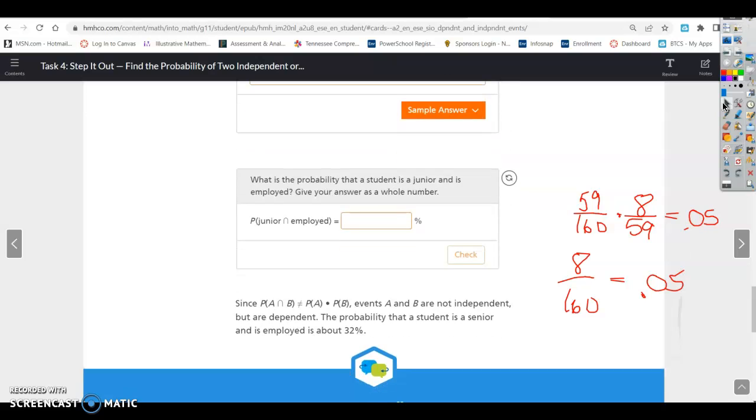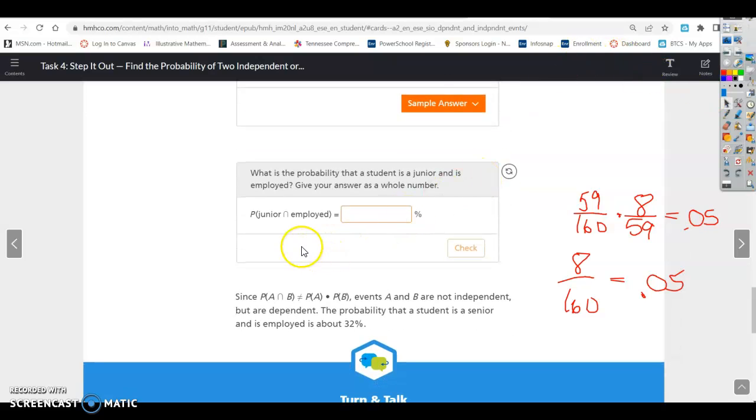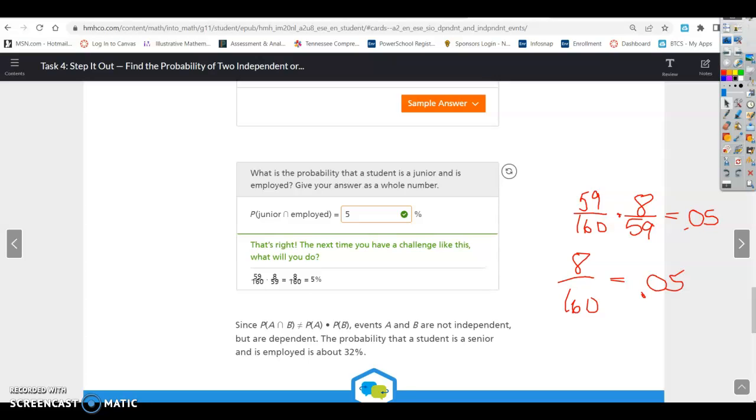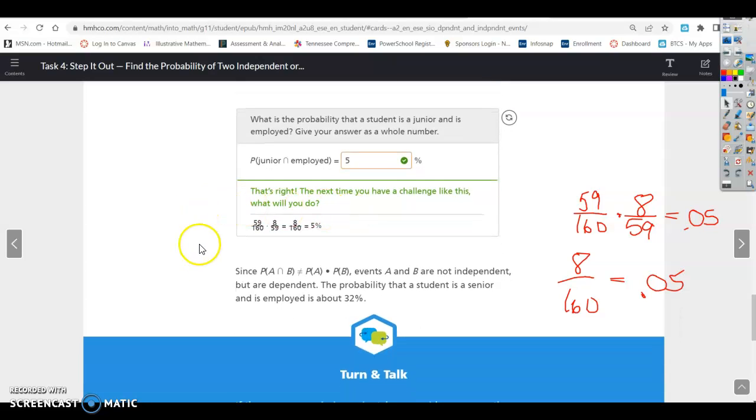So we can go down here and show that the probability that a student is a junior and is employed is 5%. All right, so it says since the probability of A and B is not equal to the probability of A times the probability of B, events A and B are not independent, but they are dependent.